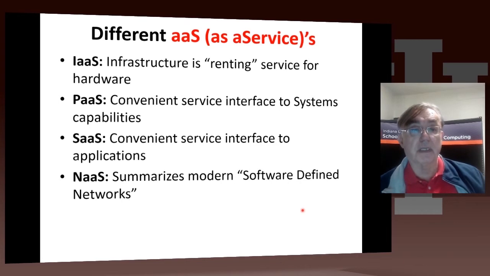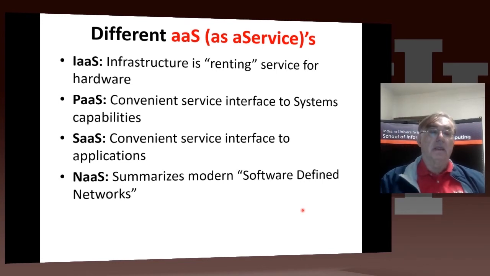Then if we come to clouds, we have these various different service levels. We have infrastructure as a service, which is renting out the hardware. Platform as a service, which is the capabilities, features, such as database, MapReduce. Those are middle system level capabilities. That's platform as a service.